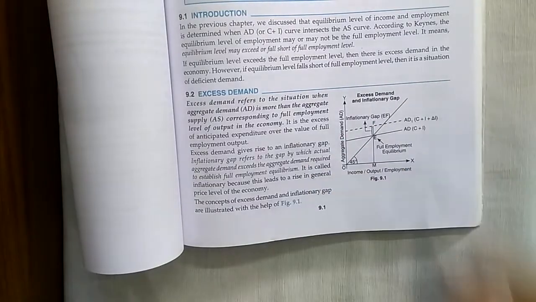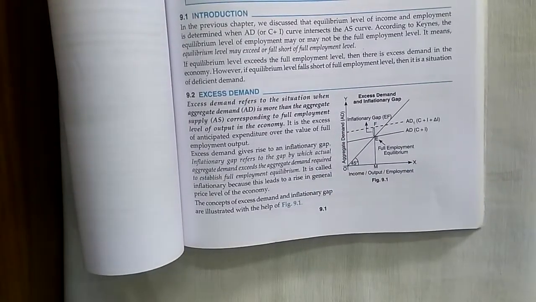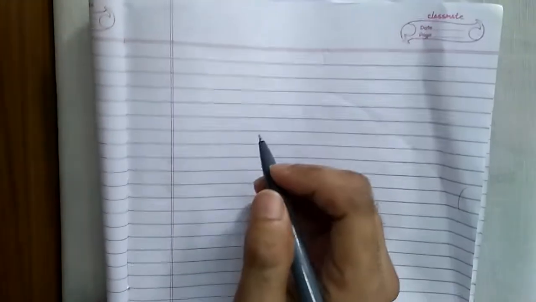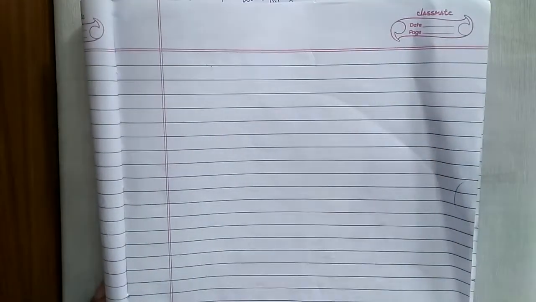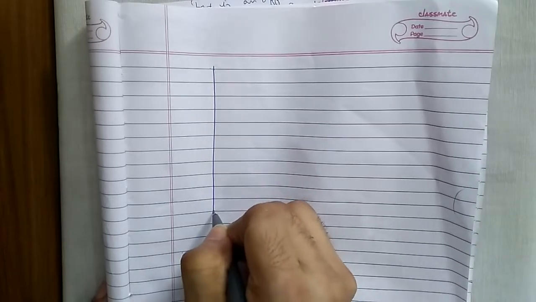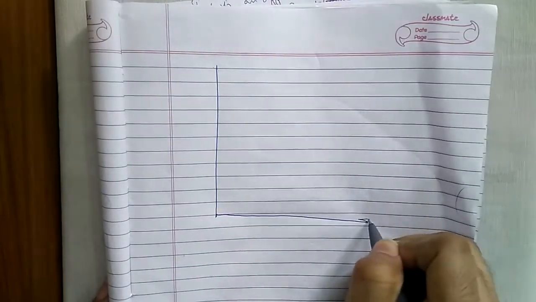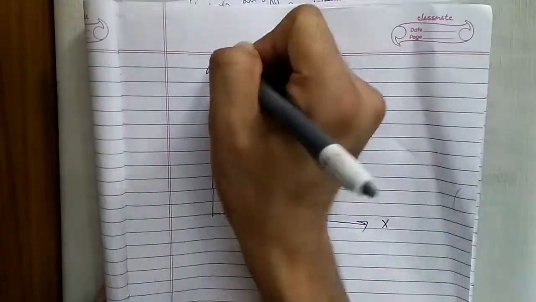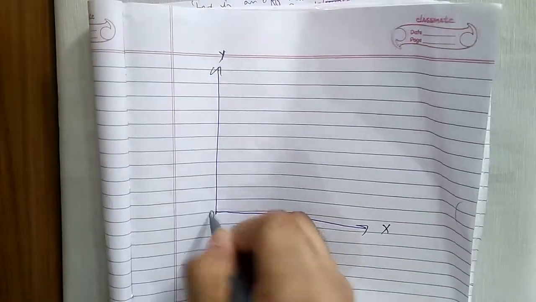Now this definition we'll understand with the help of a diagram. Look. Write it down. X axis, y axis. This is the origin.